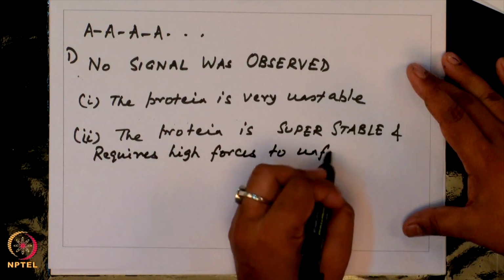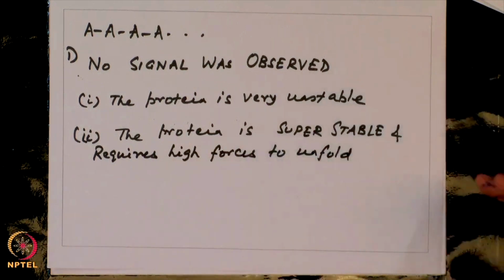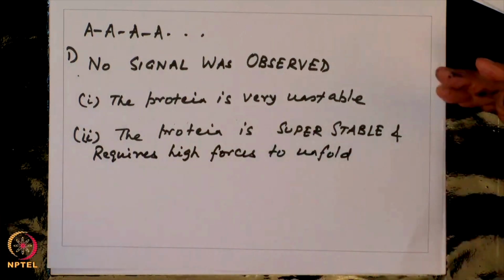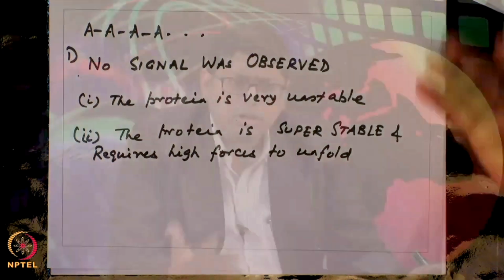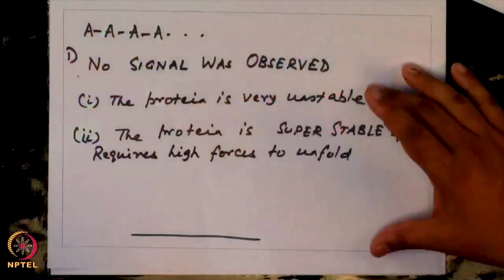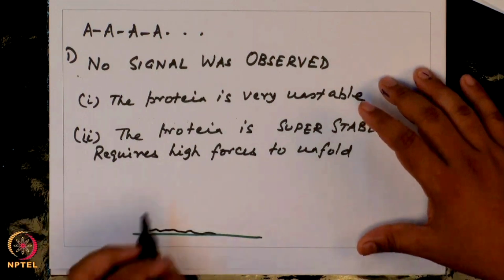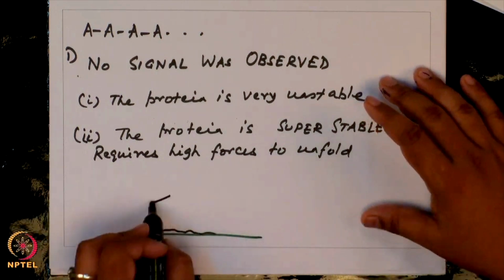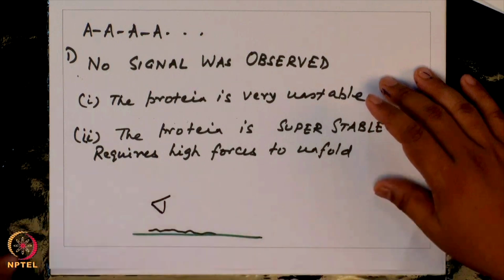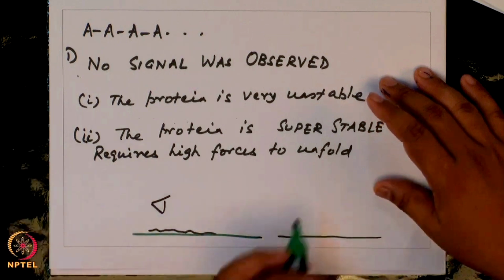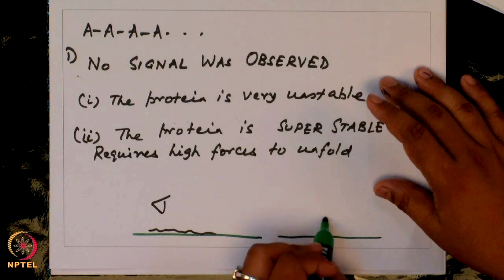This is somewhat counterintuitive. Why am I saying this? If we know that the protein is stable, why are we not able to detect it? The reason is as follows. You have your substrate and your protein is anchored. When you pull up the protein, you reach this configuration, let us say.